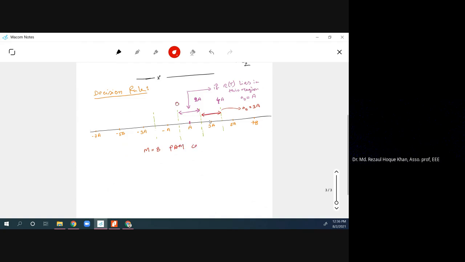So how are we deciding this? If r is in this region or in that region, we are deciding by the closest neighbor. This is the decision rule: the closest neighbor.